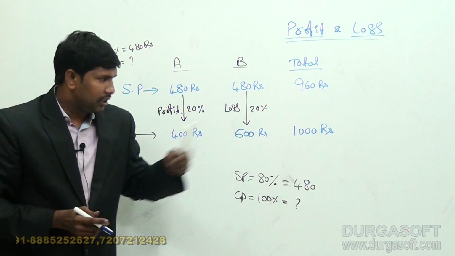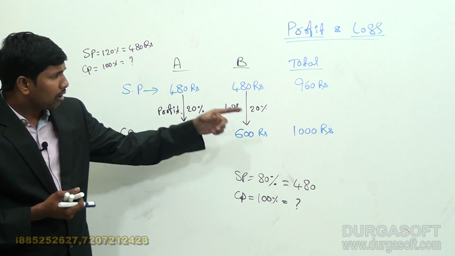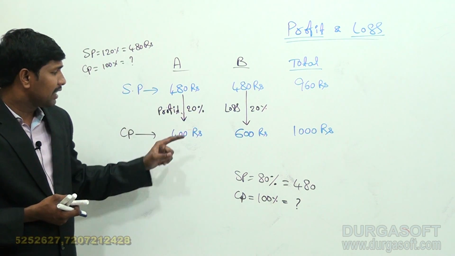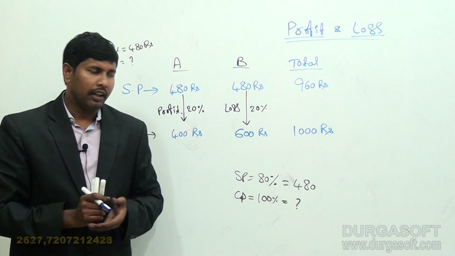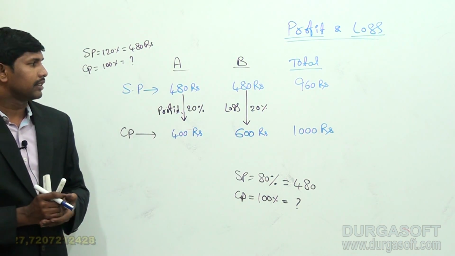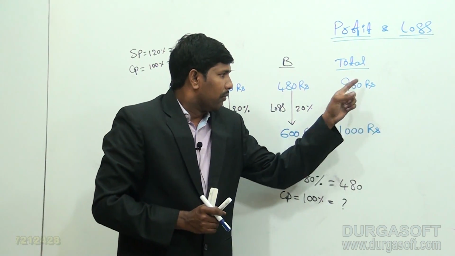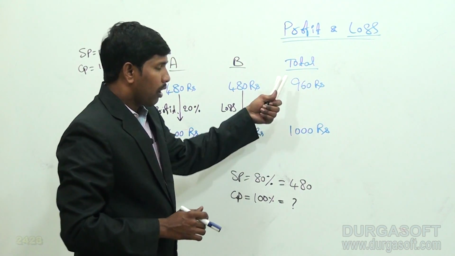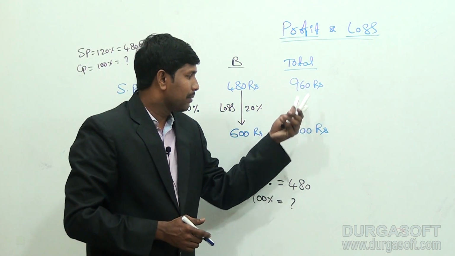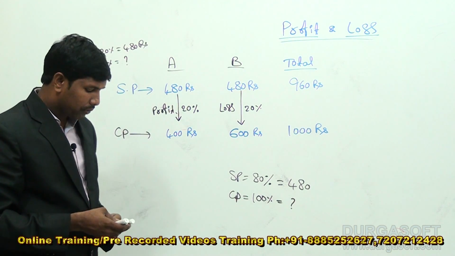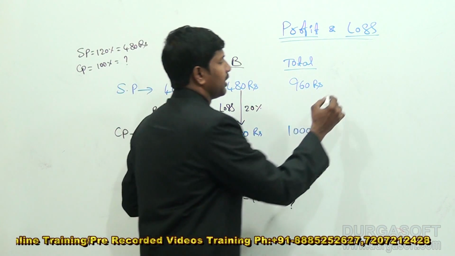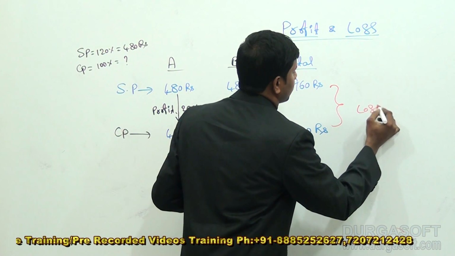Now if you observe these two prices, the cost price of two articles is 1000, the selling price of two articles is 960. Now when we compare these two, obviously selling price is less than cost price. So from this what we can observe here is there is a loss.